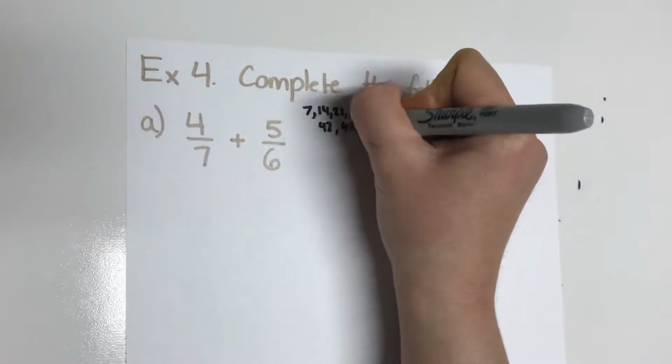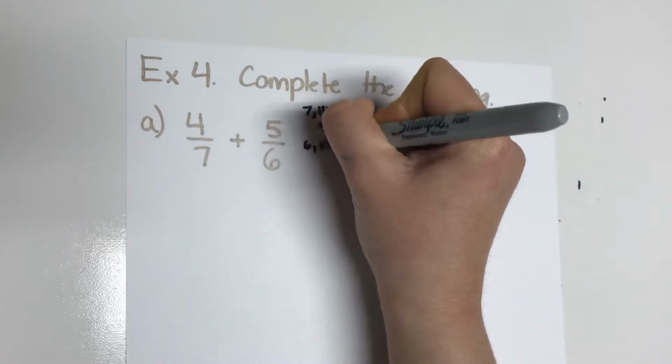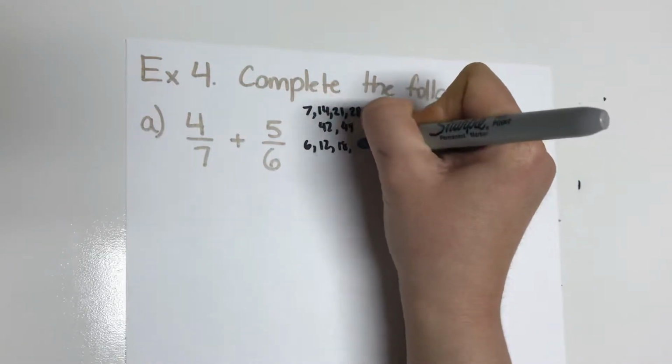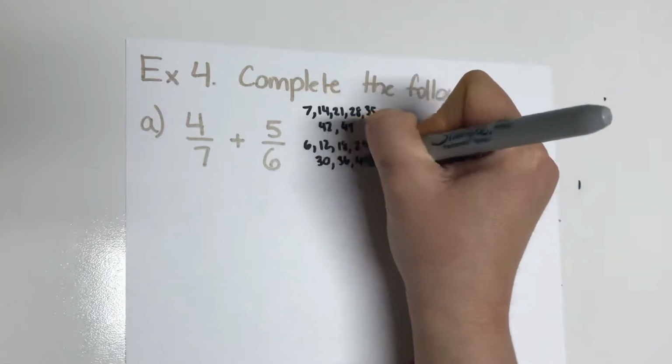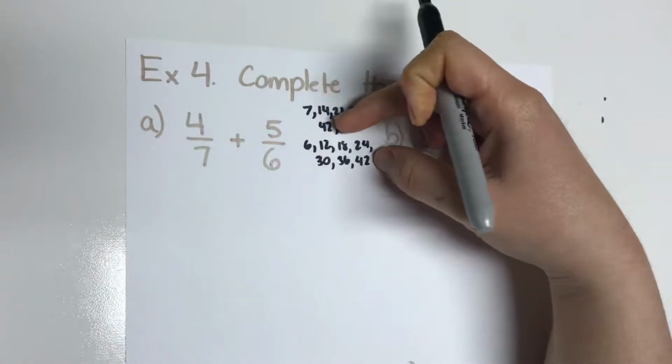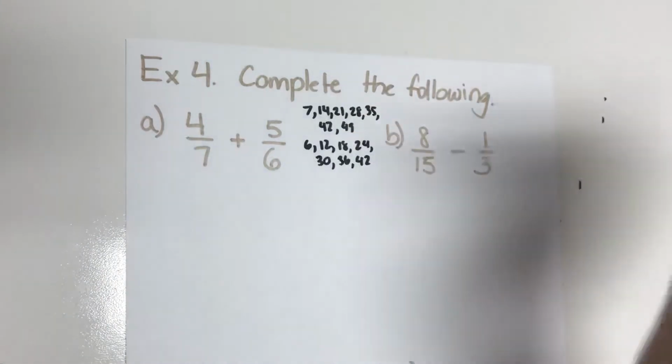Well, I can keep going, but 6 goes into 6, 12, 18, 24, 30, 36, 42. So they both go into 42, so that's going to be my common denominator.